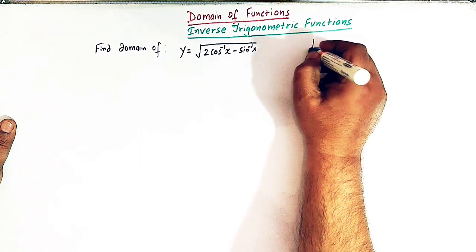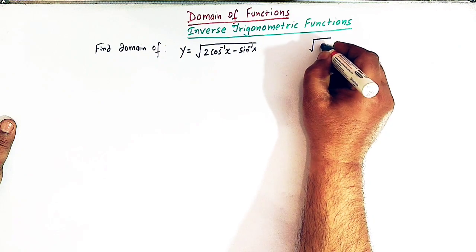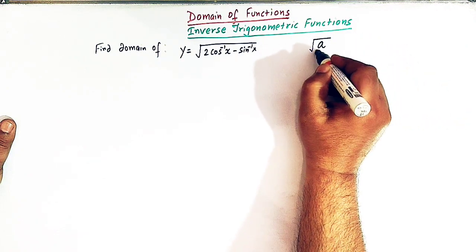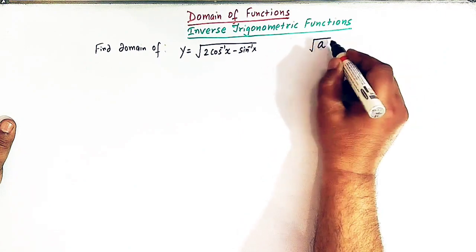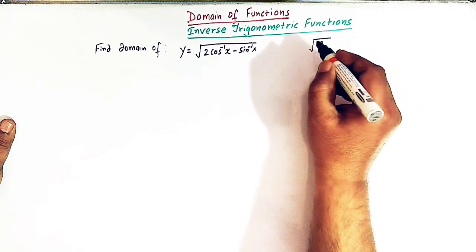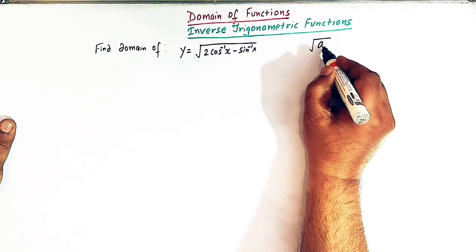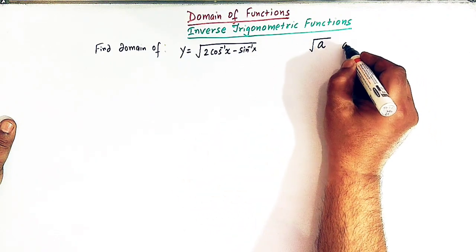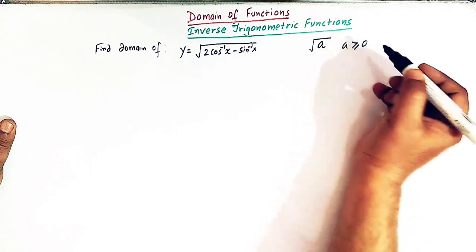Whenever we have a number, say square root of a, then for its validity, that is, if we want to express this square root of a in the set of real numbers, this a must be greater than or equal to 0.